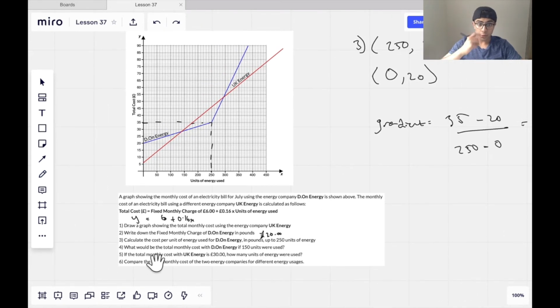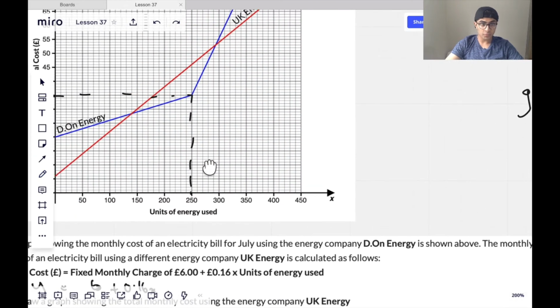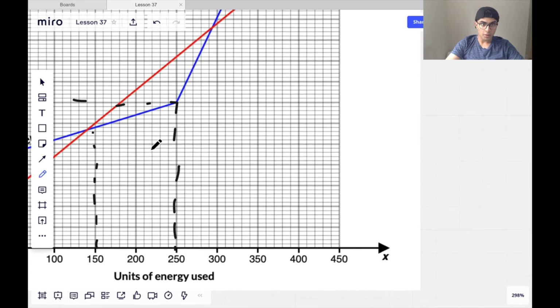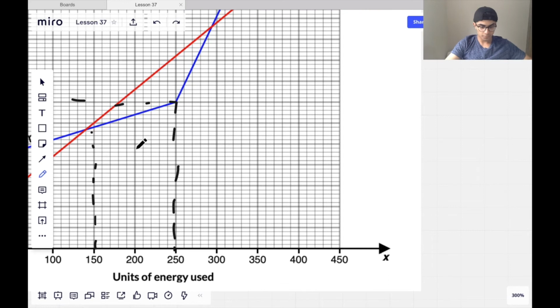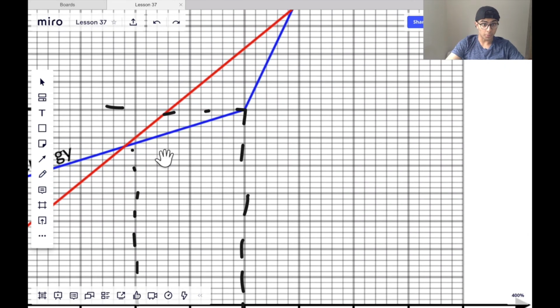Question 4: what would be the total monthly cost with D-ON Energy if 150 units of energy were used? Again, what we do is go to 150. The blue line is the one we're interested in. I'll have to zoom in a bit, sorry.